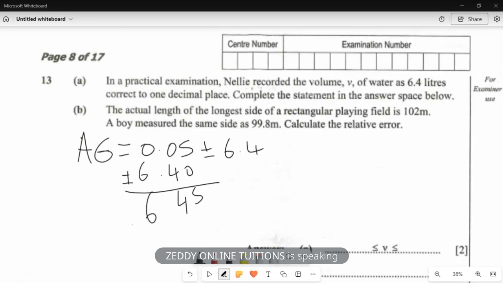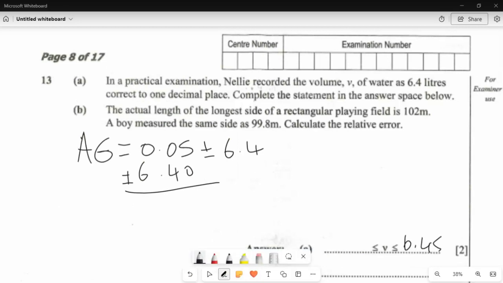So for a plus, it's going to be 6.45. It will be the greater value this side. So for a minus, let's now find for a minus. 5 minus 0, 5. 0 minus 4.